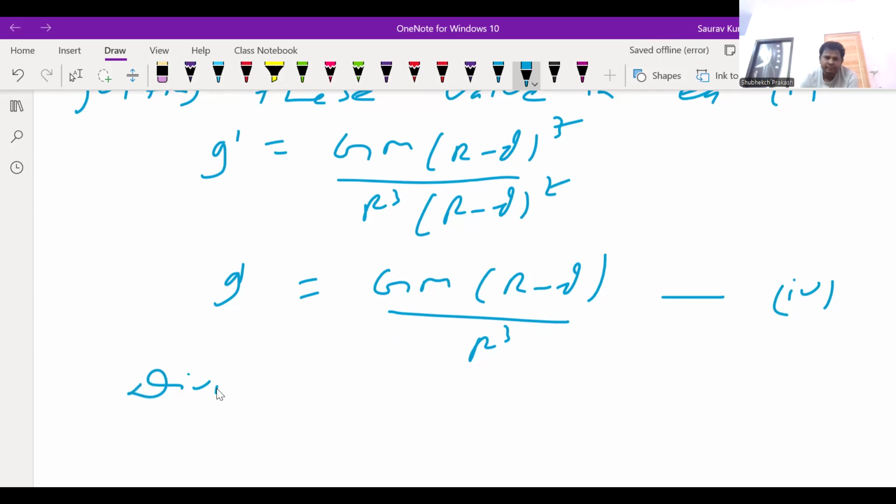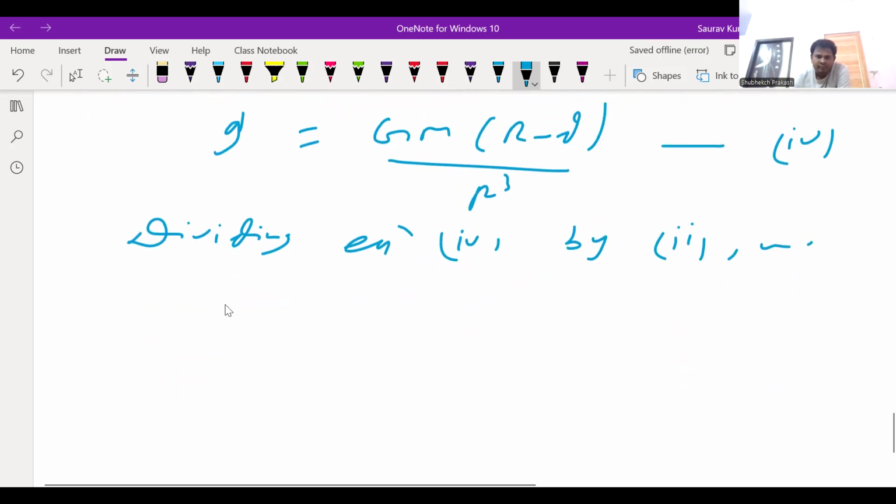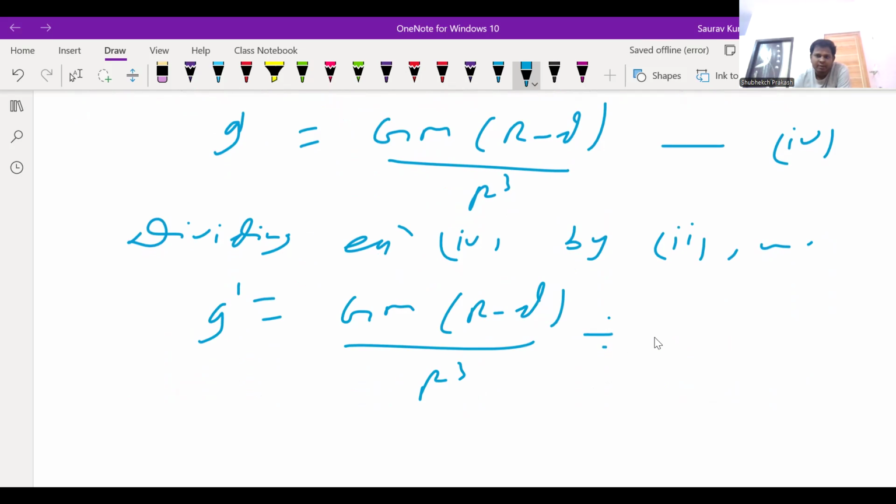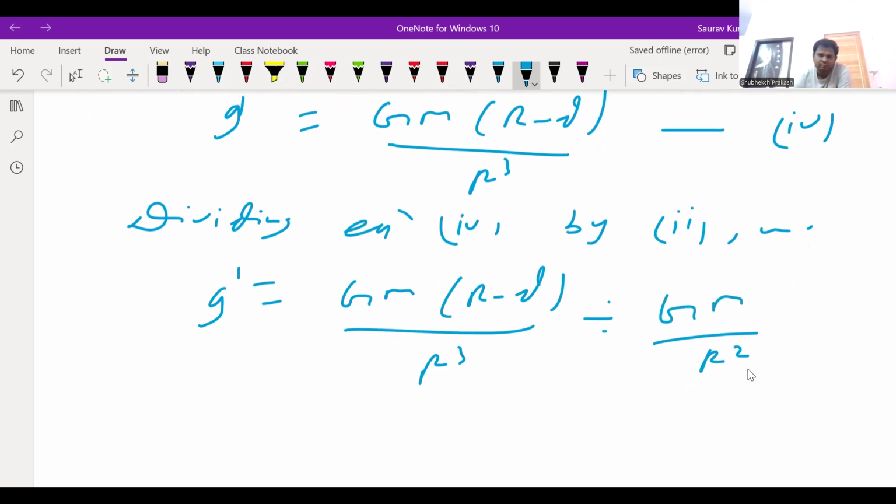Dividing this value by equation 2, we get g dash by g is equal to GM into R minus d by R cube divided by GM by R square.